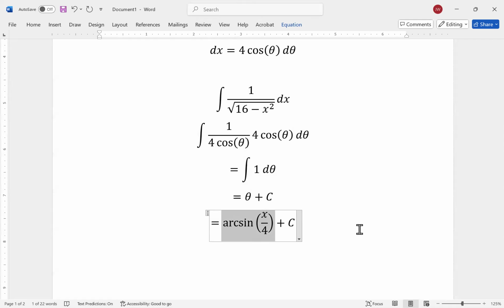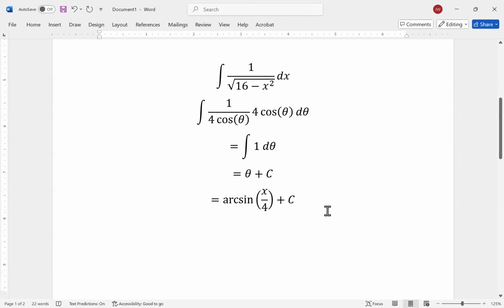That's a really, again, weird result that 1 over the square root of the polynomial has antiderivative of the inverse of a trig function. Again, just surprising.